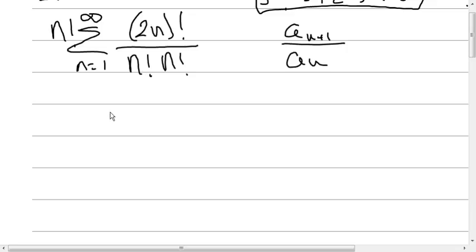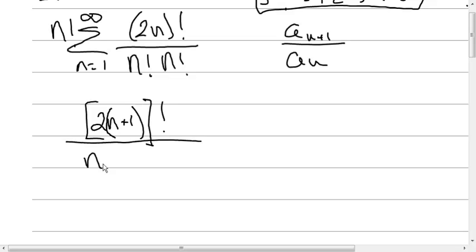So we've got to start out by writing out the a sub n plus 1. Well, it's going to be 2n plus 1 factorial, over n plus 1 factorial times n plus 1 factorial.